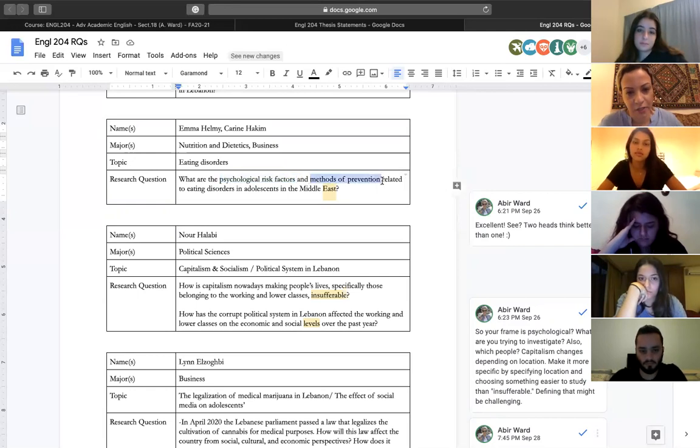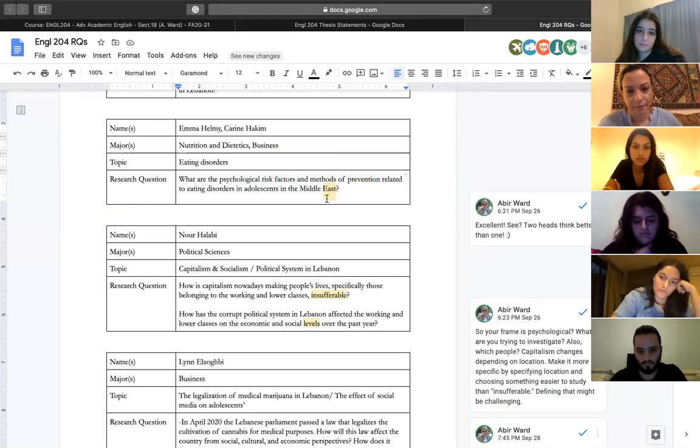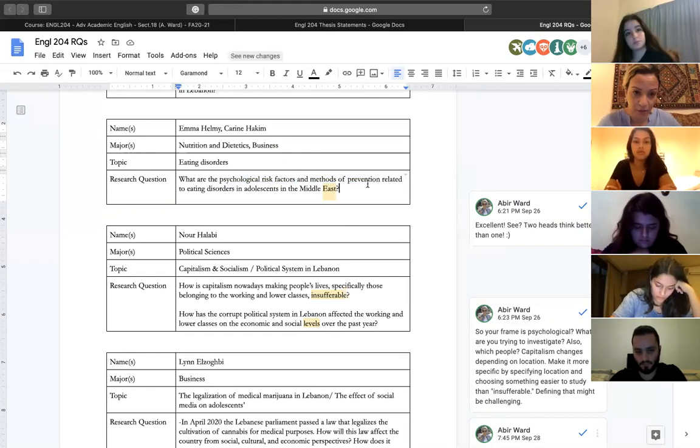Methods for prevention is another paper. So decide which one you want. First of all, you decide which part you want to keep and which part you will discard. So will you work on the psychological risk factors or will you work on methods of prevention?